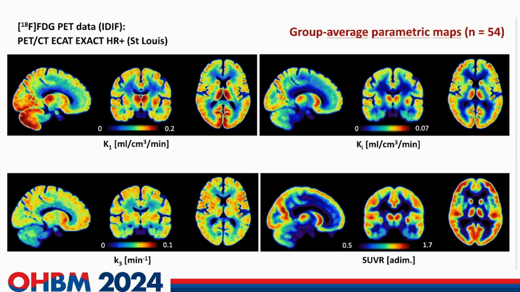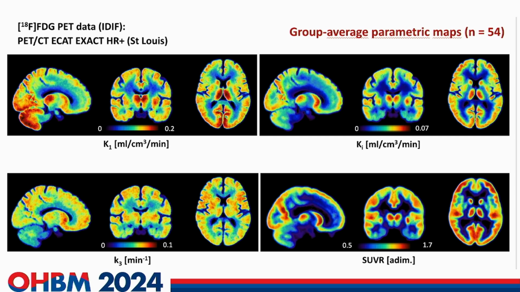From an ideal point of view, the best are BP and Bmax. From a practical point of view, the most reliable measure that we have is the VT, more stable and easier to obtain, also because we can use Logan and so on. Bmax is very challenging because it requires an additional effort from an experimental point of view. And the BP depends on whether you are really good in the nonlinear estimation, or if you have a reference region approach.